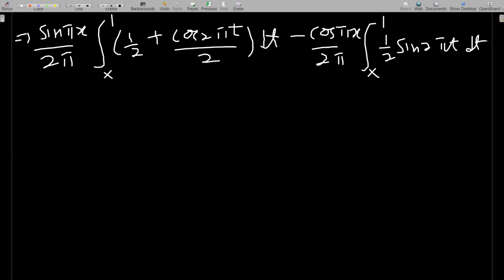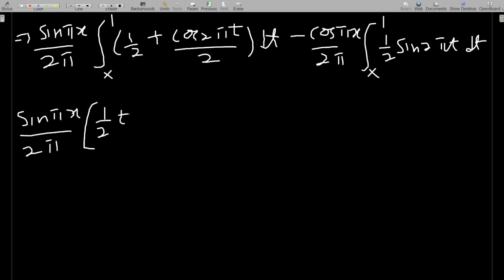When you perform the first integral, you get sine pi x over 2 pi, and if you integrate this, you get half t. Integrate cos 2 pi t; with the over 2, you don't consider that.